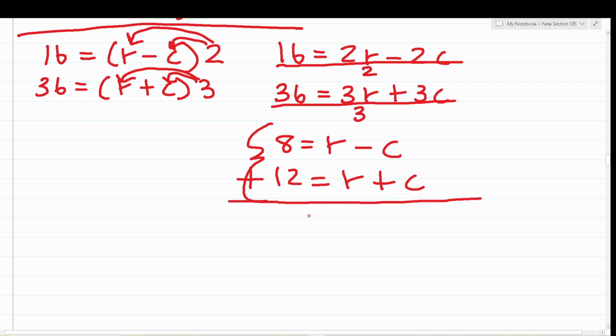8 plus 12 is 20. R plus r is 2r. Negative c plus c is what? Negative c plus c is nothing, so c is eliminated. If we divide both sides by 2, this crosses out, leaving us with just r on this side. 20 divided by 2 is 10.